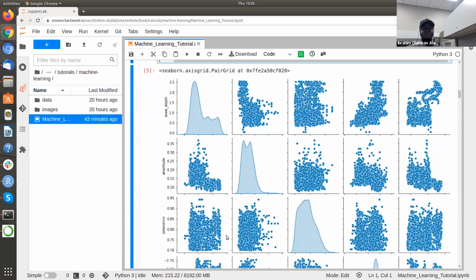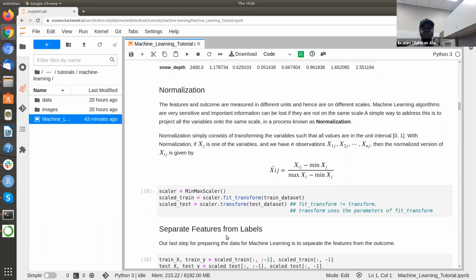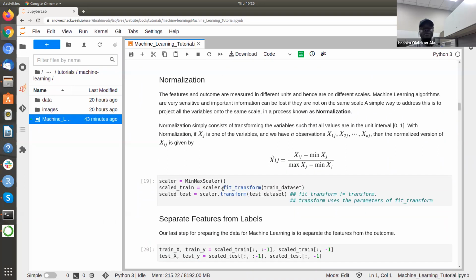At this point, it is also important to note that I'm going to transform my training set, but then I'm going to use the minimum value and the maximum value that I got from my training set in transforming my test set, because like I've said, we do not touch the test set at all.